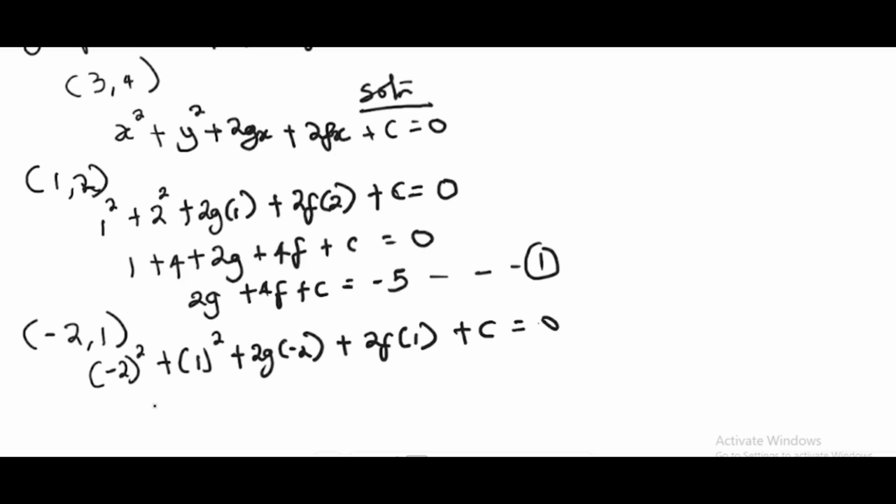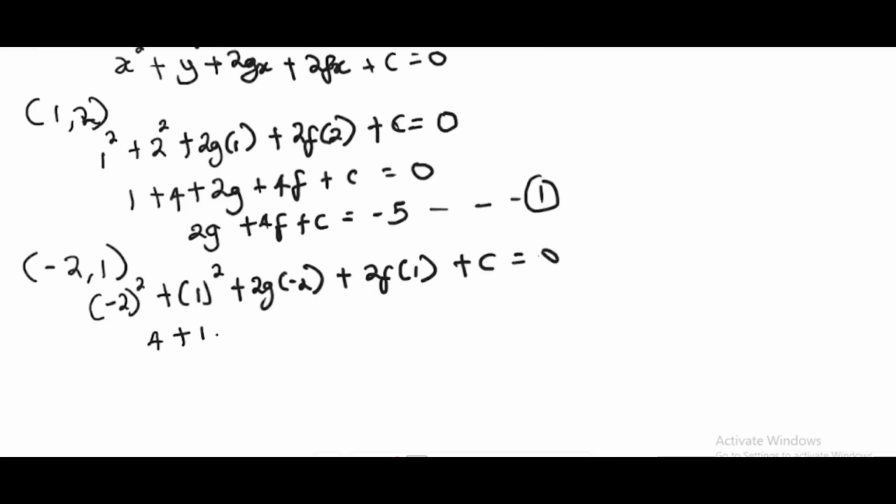So minus 2 squared will give you 4 plus 1. 2 times minus 2 will give you minus 4, so we have minus 4g here plus 2f plus c is equal to 0.